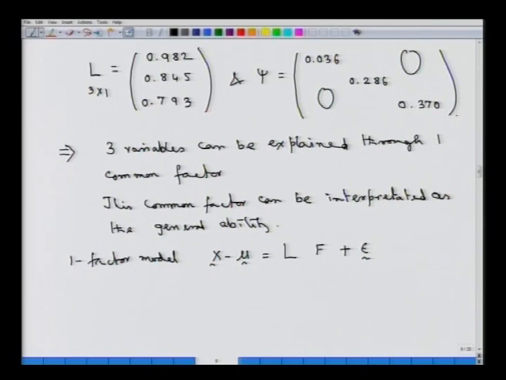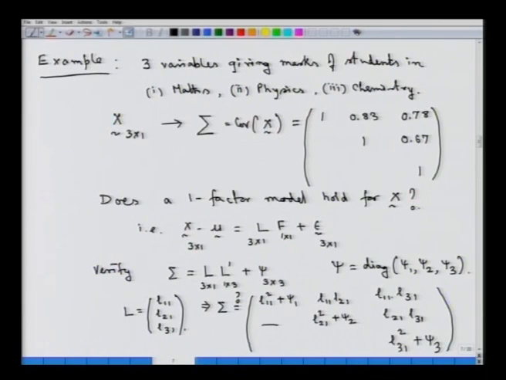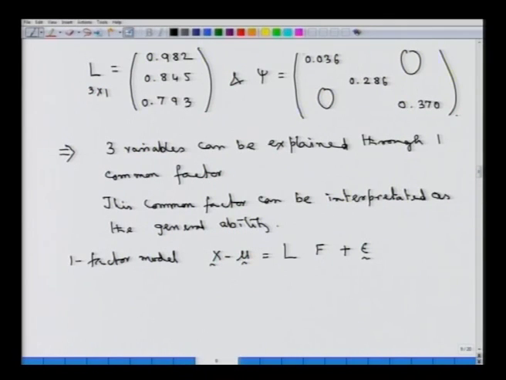And hence, we can now look at what portion of the total variance of x1 is explained by the one single common factor and what is not explained. The portion which is not explained is this psi 1 factor. Similarly, this single common factor explains 1 minus this particular quantity of the variance of the second variable, and 1 minus this term of the third variable.